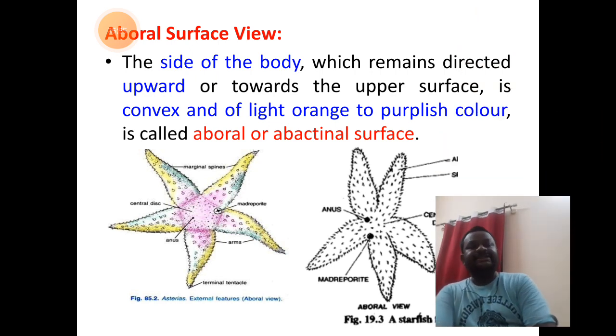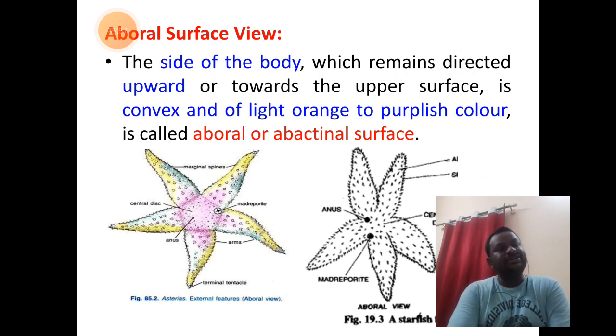So after understanding the concept of the oral surface that describes the body features of Asterias, now we shall look into the aboral surface view of Asterias, that is sea star.